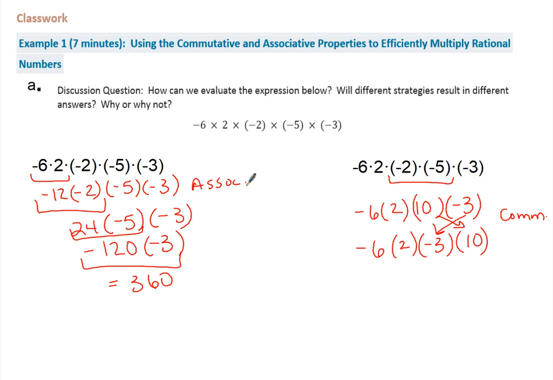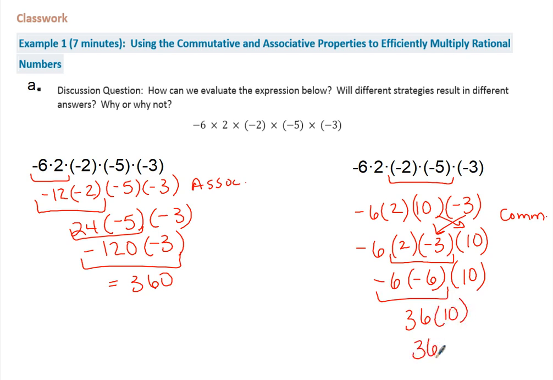So after I do this, I'm going to do that 2 times a negative 3, and I'm going to get a negative 6. I still have my -6 out front, and I have my 10 at the end. -6 times -6 then is 36, and a 36 times 10 is 360.